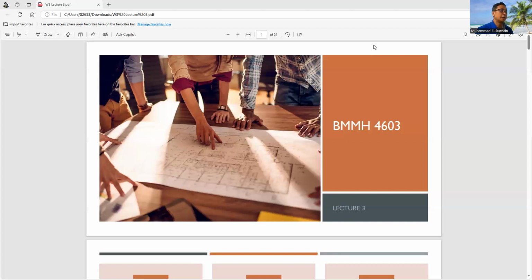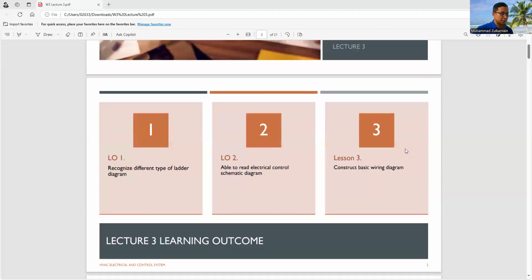Now I hope you can get the idea of what the circuit is that is involved in the task in the HASBEC system. So today I would like to introduce the learning outcomes. LO1 is to recognize different types of ladder diagram.